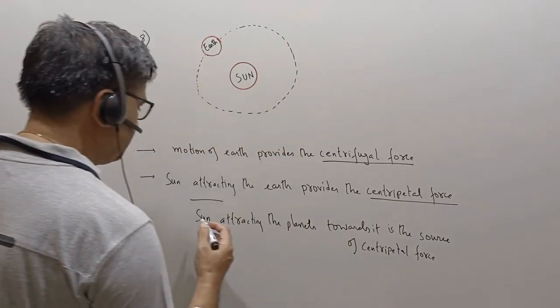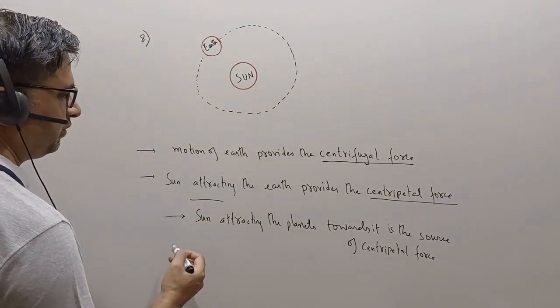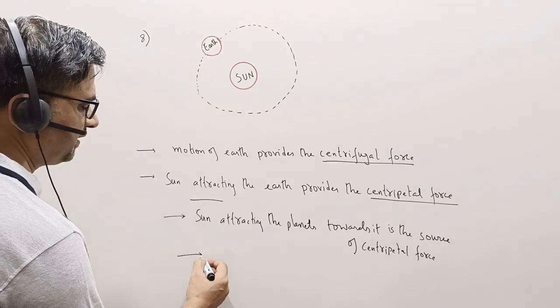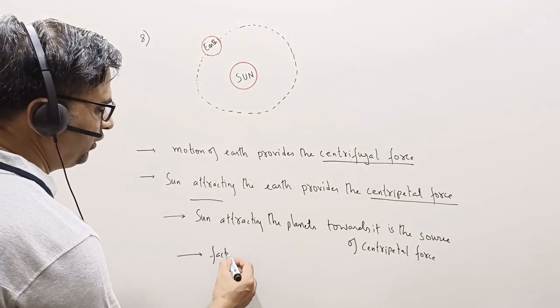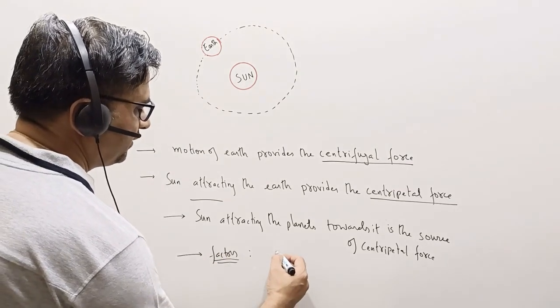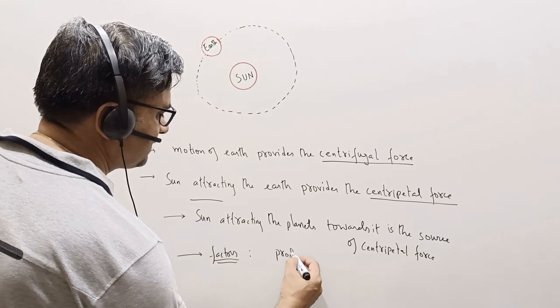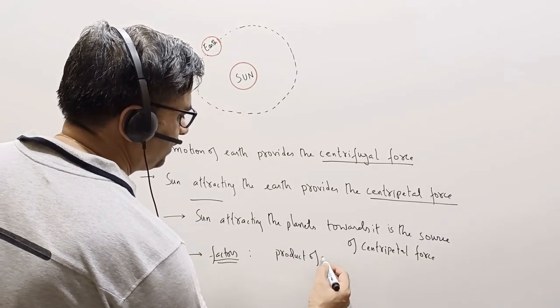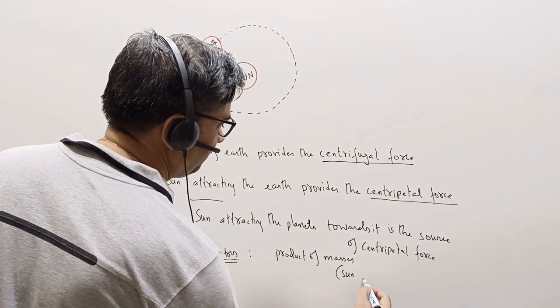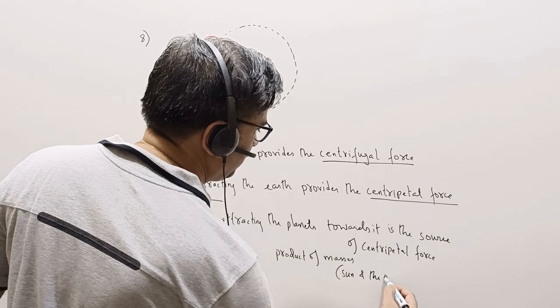And on what factors does the centripetal force depend? We know that the force of attraction is determined by what? The product of the masses, in this case, the sun and the planet in question. The planet that we are talking about is the other object. That's one factor.